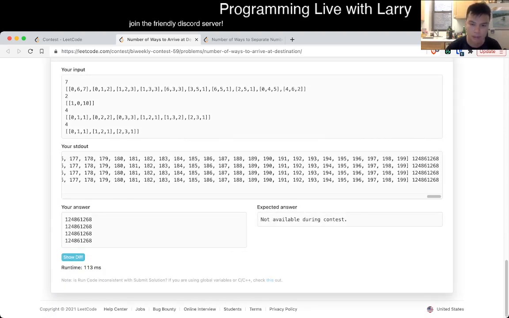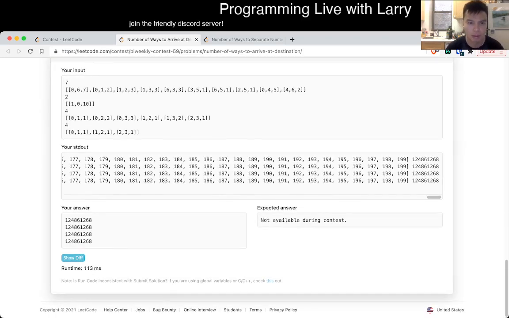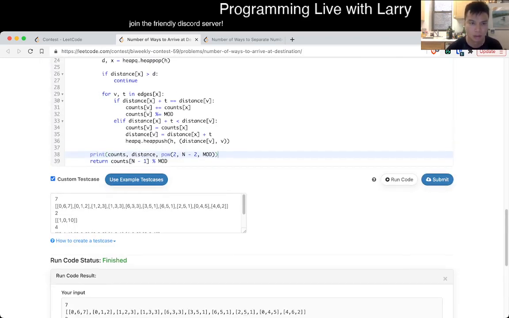So it's right for this big path, so there must be some other weird thing I'm not doing right. Huh.